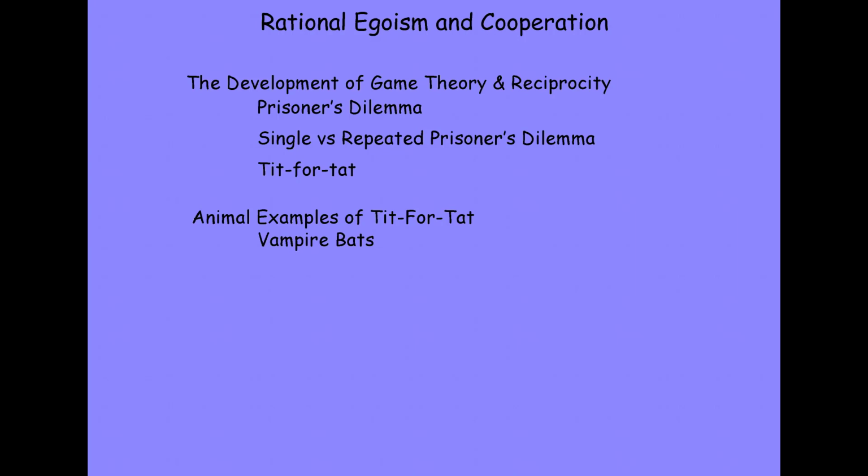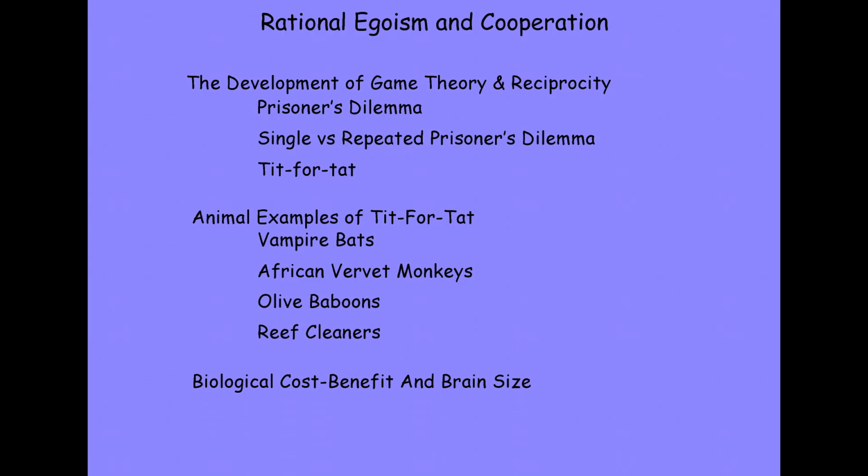So we'll look at the reciprocity behavior between female vampire bats when they share blood. We'll look at reciprocity in African vervet monkeys. I'll mention also reciprocity in olive baboons. And then we'll look at reciprocity in reef cleaning animals in the ocean.